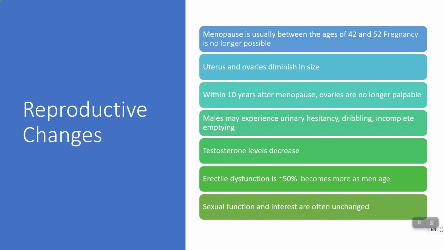In addition, the time needed to achieve a second erection may increase markedly. Erectile dysfunction or impotence becomes more common as men age, and we see more erectile dysfunction in men with multiple comorbidities, such as heart disease, obesity, diabetes.